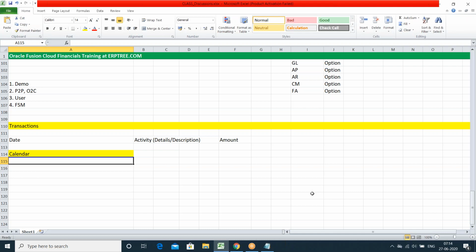You have one client from India and you are going to implement Oracle Fusion Cloud applications, and in that case we have to create the calendar for that client as per the India financial year. If you are implementing for a US client, the calendar we have to create as per the US financial year. Based on the country's financial year, that is the point we have to consider.